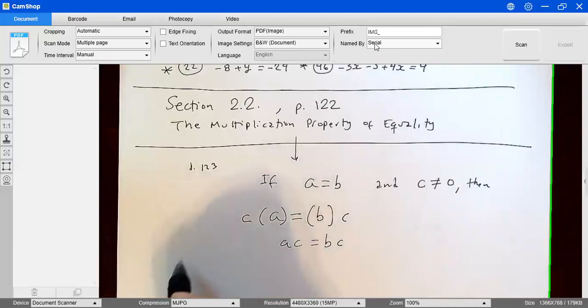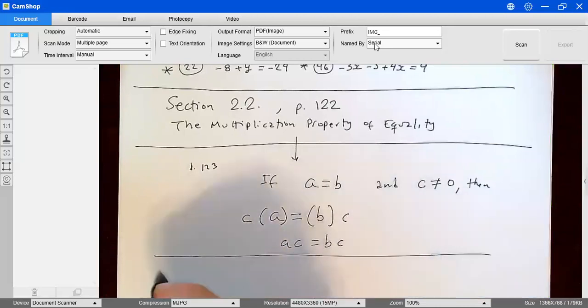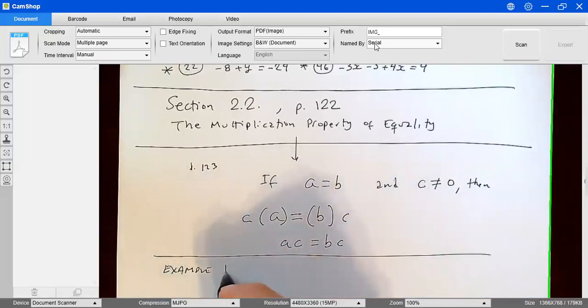So we're going to start with an example, and this example is very important because it's going to indicate when you should start with the multiplication property. I said before that most of the time we start with the addition property, and we end up using the multiplication property to isolate the variable, but there are a few cases where you need to start with the multiplication property.